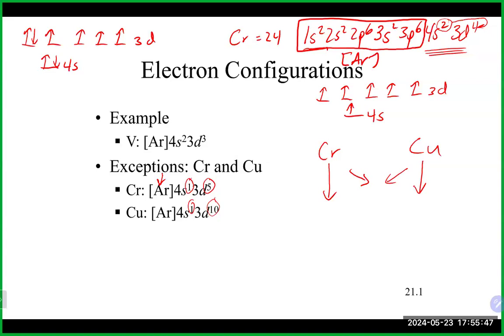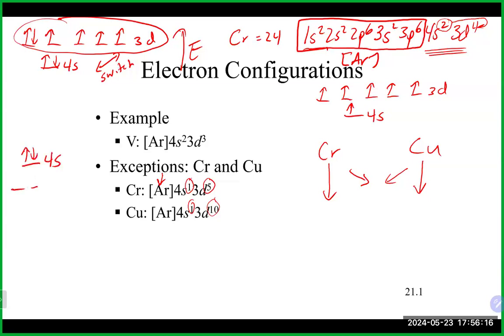Now, in addition to that, something else that you may also remember is once we actually start filling the d orbitals with electrons, although the 4s is lower in energy when the electrons go in, there's actually a switch in terms of energy of those orbitals, and the 4s electrons actually end up being higher in energy than our d orbitals.